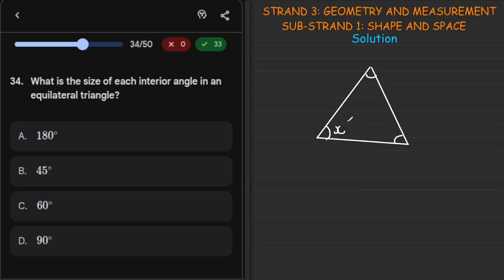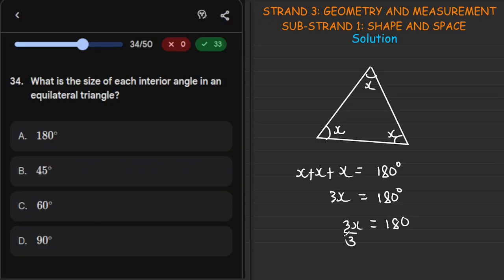So if this is an x, this is an x, and this is also an x, then x plus x plus x should be equal to what? 180 degrees. We have 3x being equal to 180. So if you want our x, all we need to do is divide both sides by 3. So that we have x being equal to 60 degrees.